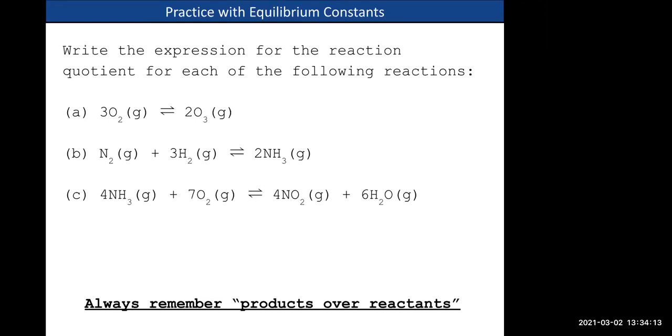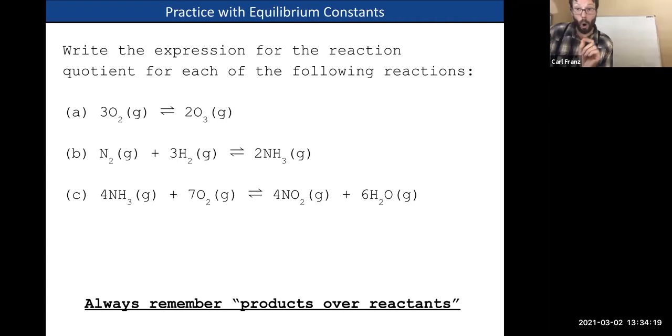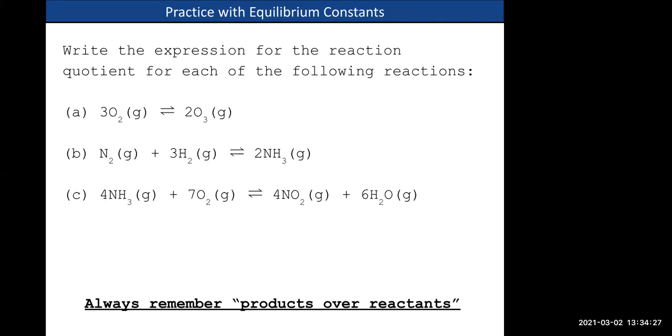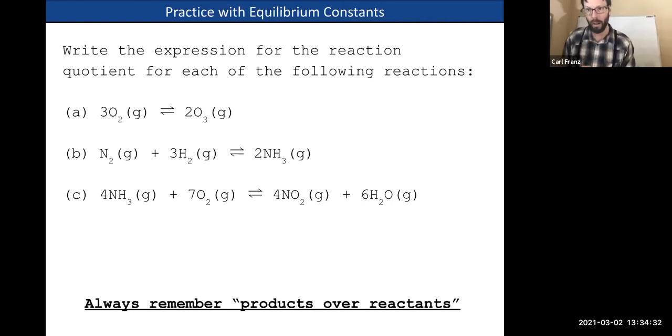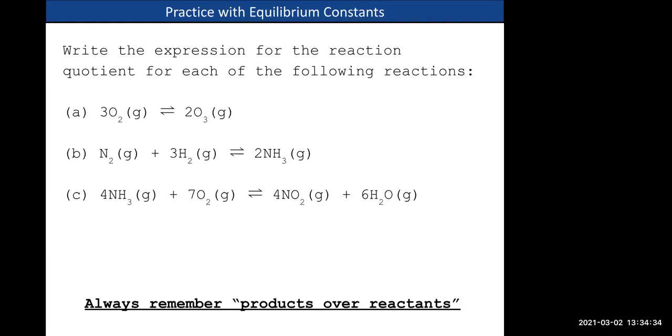So, Carl, is it the molar weight we're plugging in for each of those elements? No, this is just generic at this point. Okay. Just write in the reactants and the products in these reactions. Don't worry about the actual numerical values. Gotcha.